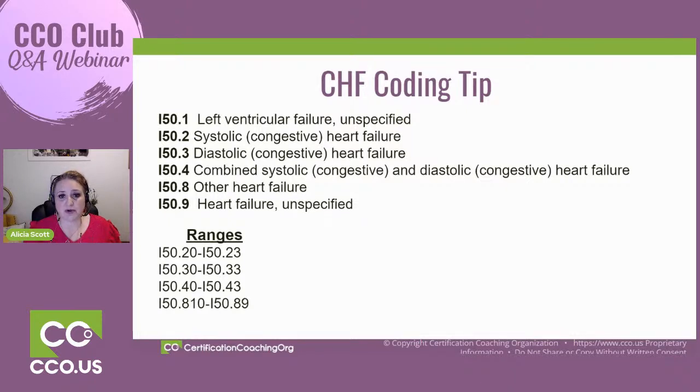Unless you have a protocol where you're working where they say no, you don't have to code the dialysis Z code because they're end stage renal disease. But again, I don't know very many places that do that. So that excludes is about, hey, heads up, in N18.5, once they start dialysis, it moves up to end stage renal disease, which is N18.6. So I hope I answered that for you, Lisa.